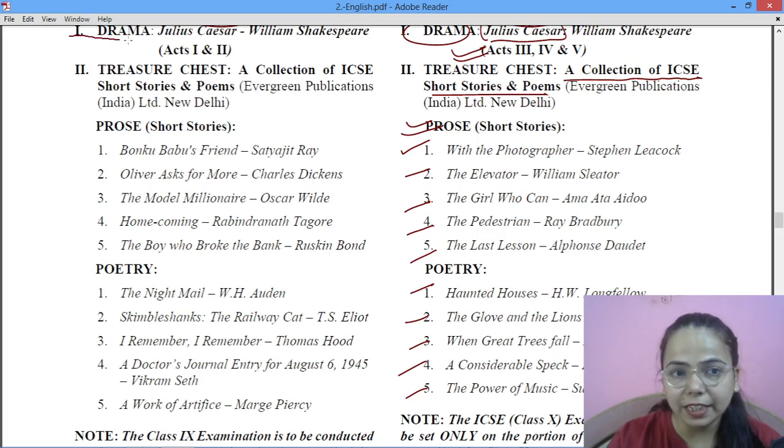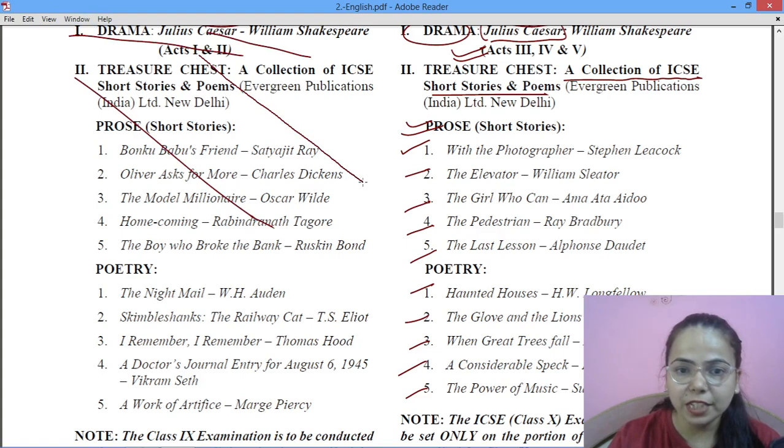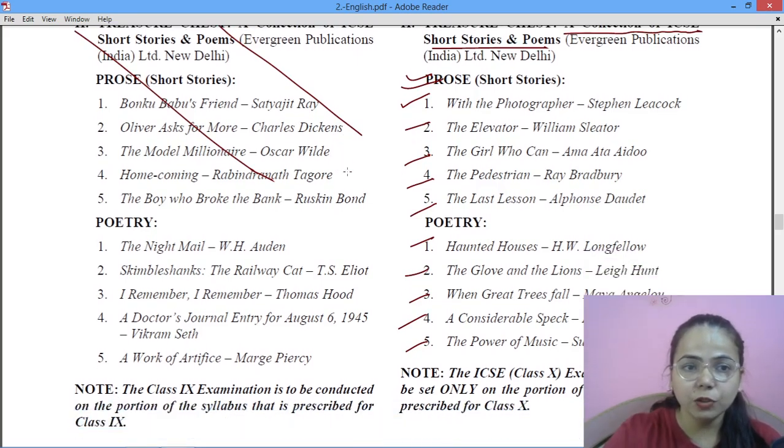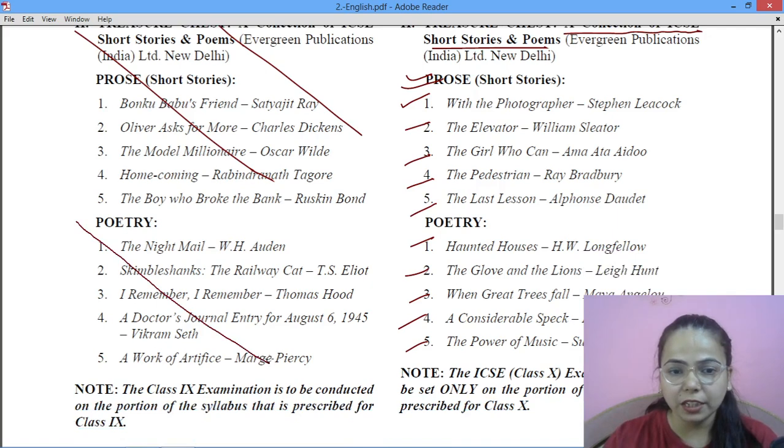Whatever you have studied in class 9th is now not in your syllabus. Yes, a basic understanding of Julius Caesar, if you have not studied Julius Caesar in class 9, is very important so that you are able to understand the further acts as well as scenes. So these things you don't have to study now.